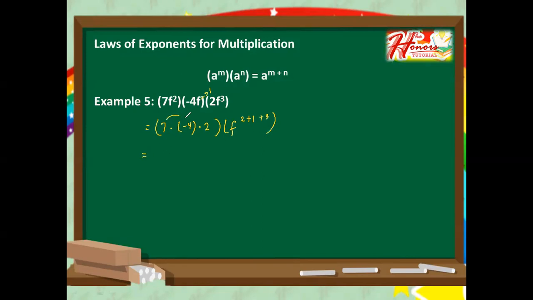So 7 times -4, that's -28 times 2, times f raised to 2 plus 1, it's 3. So 3 plus 3. -28 times 2, what's the answer? That's -56. So we have -56 here. F raised to 3 plus 3, that's 6. So -56 f raised to 6 is the final answer for number 5.